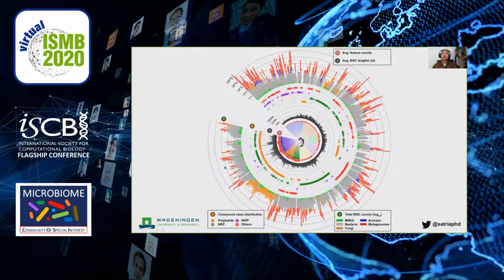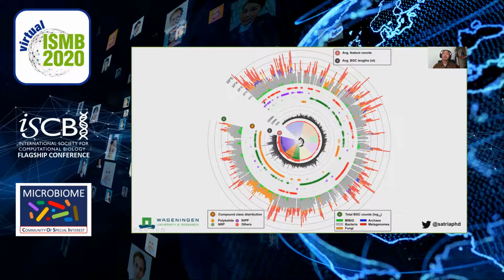And using these GCFs, we can then plot this global atlas of biosynthetic diversity from those BGCs. So here what you see is 95,000 GCFs collapsed into 500 bins using the k-means clustering algorithm.